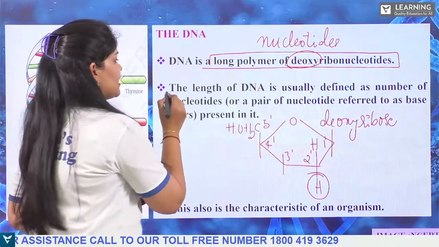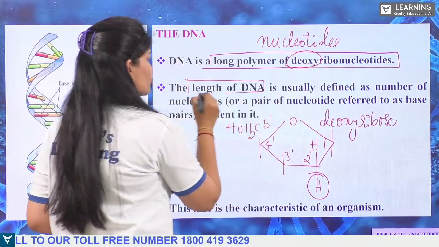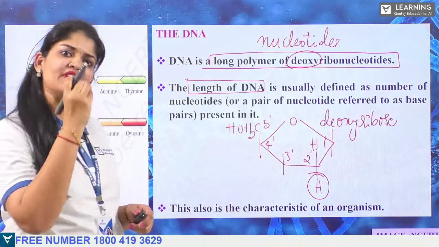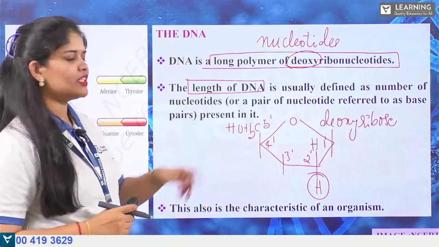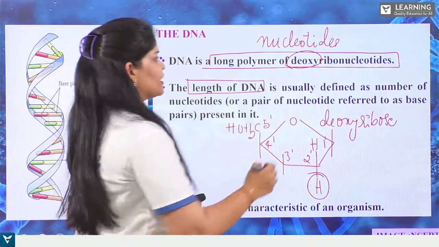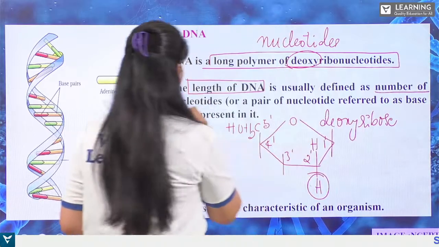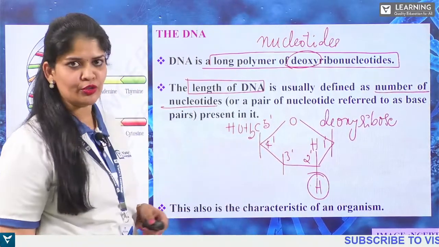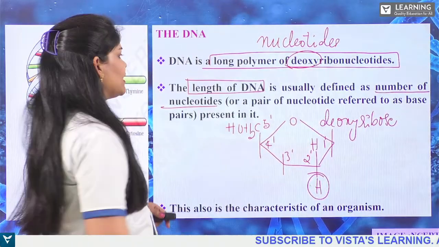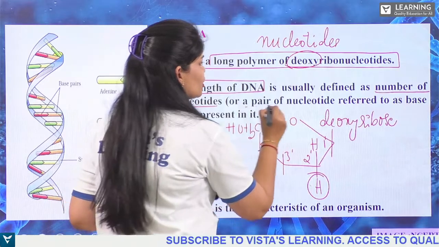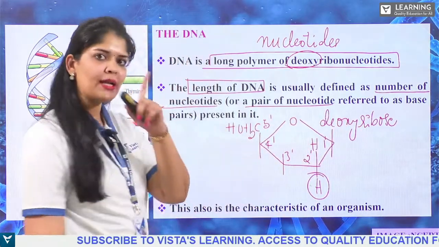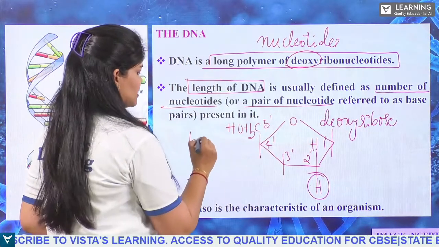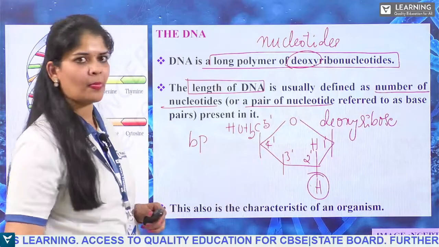Now, the length of the DNA is a very important characteristic of each and every organism. The length of the DNA is usually defined as the number of nucleotides. And here, a pair of nucleotides is referred to as one base pair, which is abbreviated as bp.